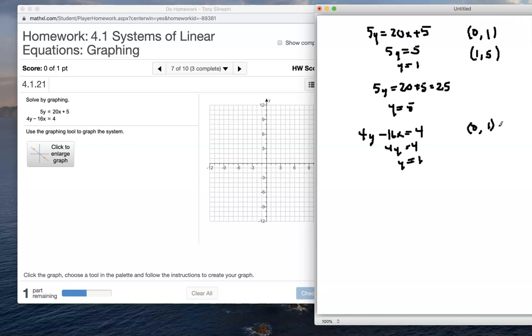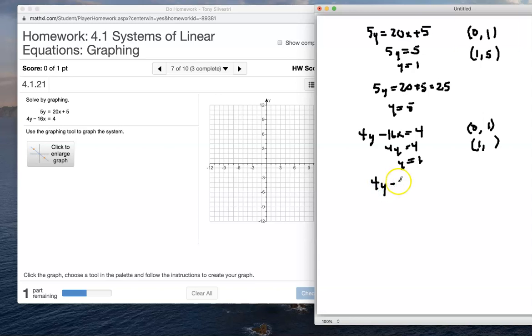And you know what I'm going to do? Here the problem is, if I say y is 0, I get negative 16x equals 4, and I'm going to get x equal to negative 4/16, and you certainly can't draw that. I'm going to take a shot. I can pick any value of x you want. If x is 1, I plug in x is 1, I get 4y.